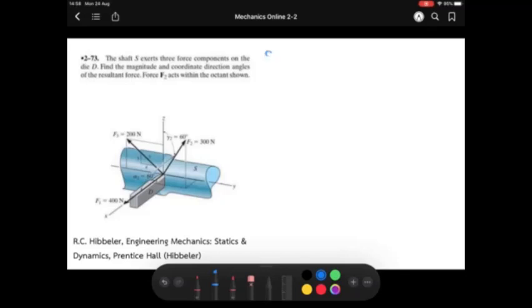The question gives you three forces here: F1, F2 and F3. F1 is actually a one-dimensional force. F2, you can see from these rectangles, is a two-dimensional force acting on the Y and Z axes, and the first one acts on the X axis.